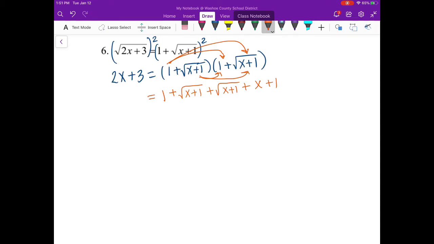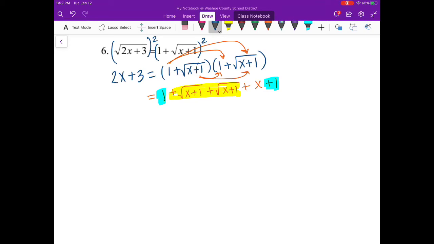Okay, I'm going to come back to the left side here in a moment. I just want to simplify the right side just really quick here. So we have some things that we can combine. First of all, these are like terms. They're the exact same value inside the radical. And then I can also add 1 plus 1. Why not?